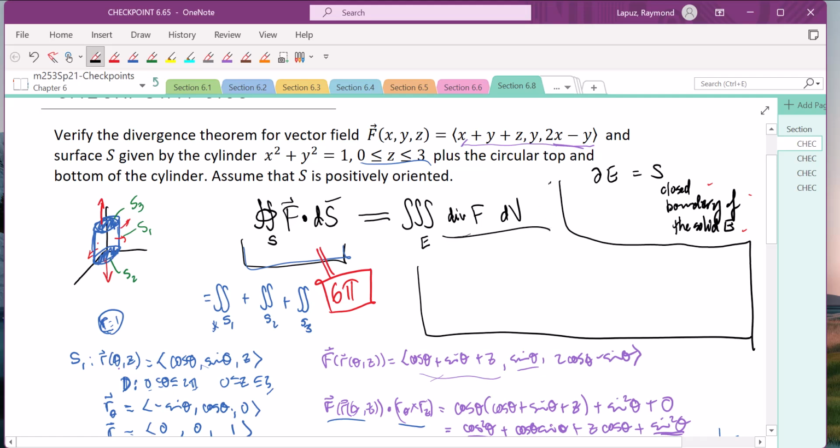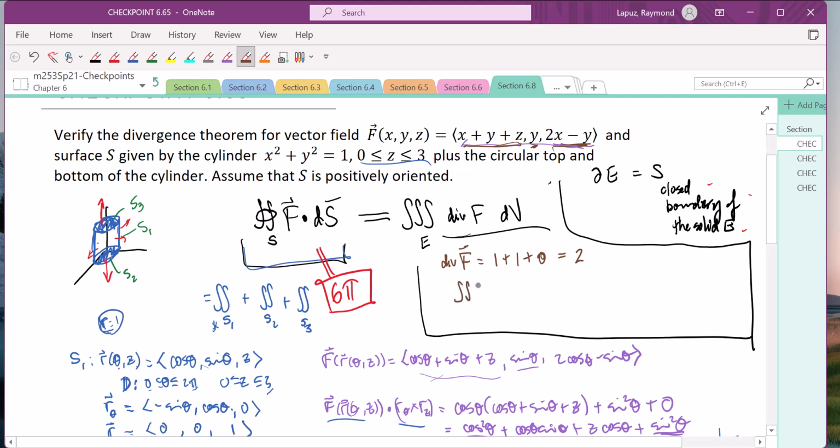All right, first let us take the div of F, and that is equal to the derivative of the first component with respect to x, that's just 1. The derivative of the second component with respect to y, that's just 1. The derivative of the third component with respect to z, that's just 0. The div is actually a constant, which is great because if it's a constant, then we're putting a constant into a triple integral.